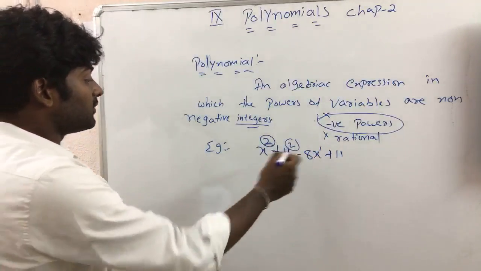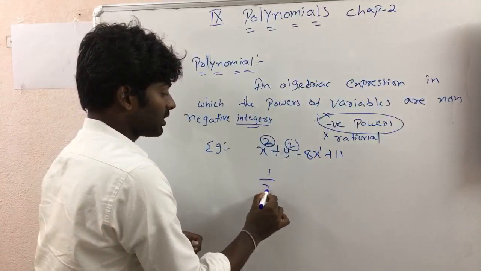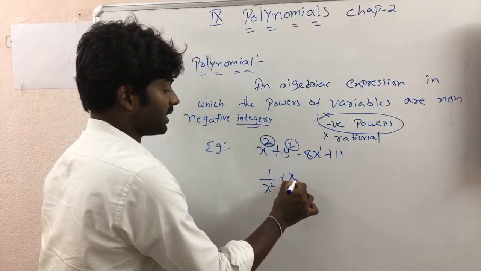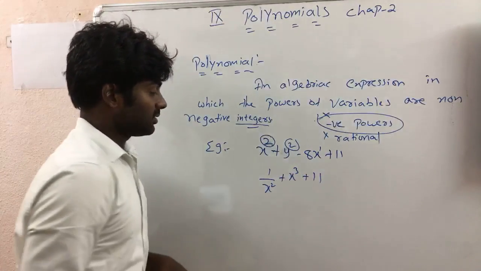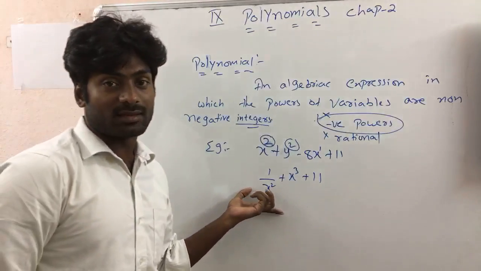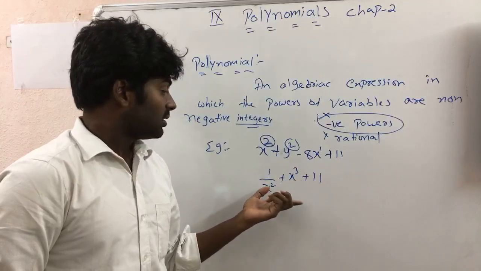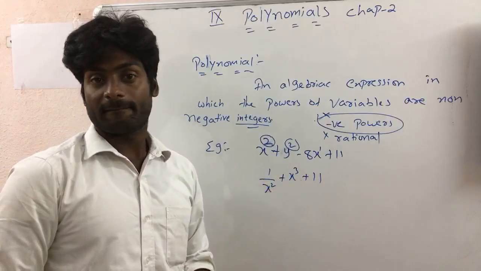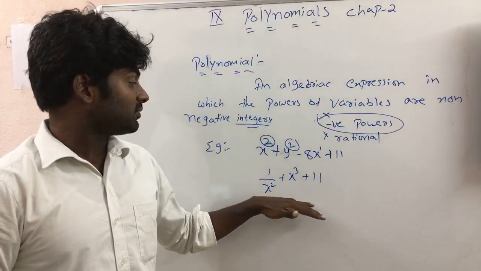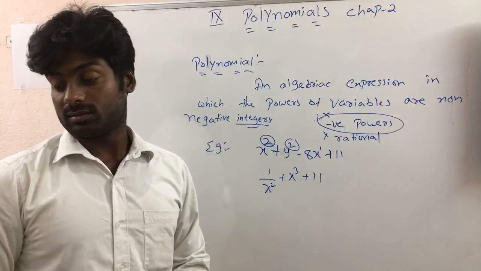Now, if I say 1 by x square plus x cube plus 11, take this example. Is this a polynomial or not? Mention whether it is a polynomial or not.